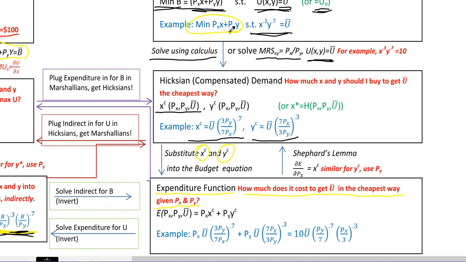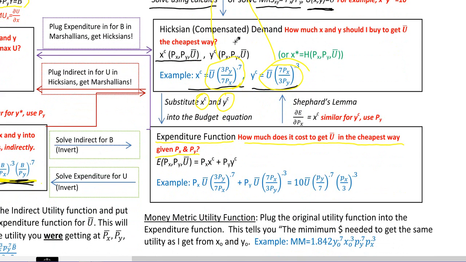So in this particular example, we would take the compensated demand for X and plug that in for X into this budget line equation. We'd plug this in for Y into that budget line equation. And after doing that and simplifying a little bit, you can see the steps here, and after simplifying it, I ended up with this equation.